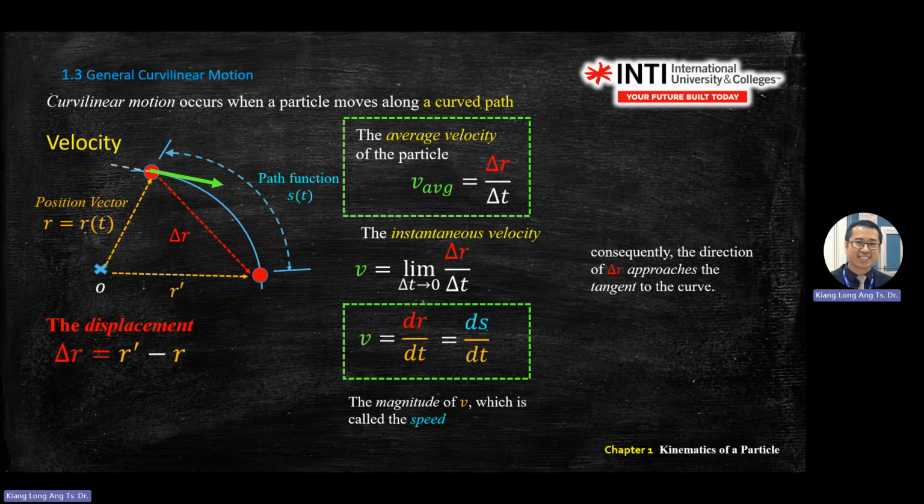It means that when theta here is very, very small, you can assume that S will equal to R. But this is more mathematical. What is the definition of velocity in the curvilinear? In the example later, I just put it there to show you.